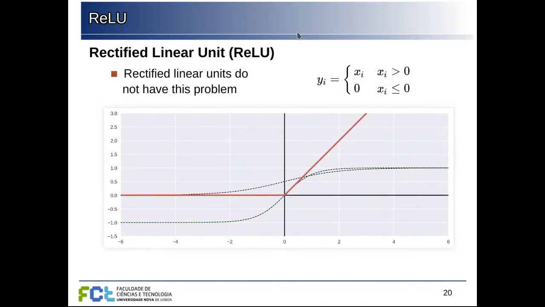A rectified linear unit seems a lot uglier because it's this function that has, below the threshold, so below 0, the output 0. And if we are above 0, then the output is the same as the input. It's just this 45-degree line here that outputs x when we input x.